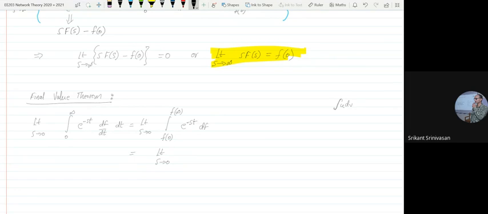So u is e power minus st and v is nothing but f, right? And this is integrated from f(0) to f(infinity). Okay. And then on the other hand, it is uv minus integral v, that is df, and du, that is e power minus st into minus s. Is that okay?